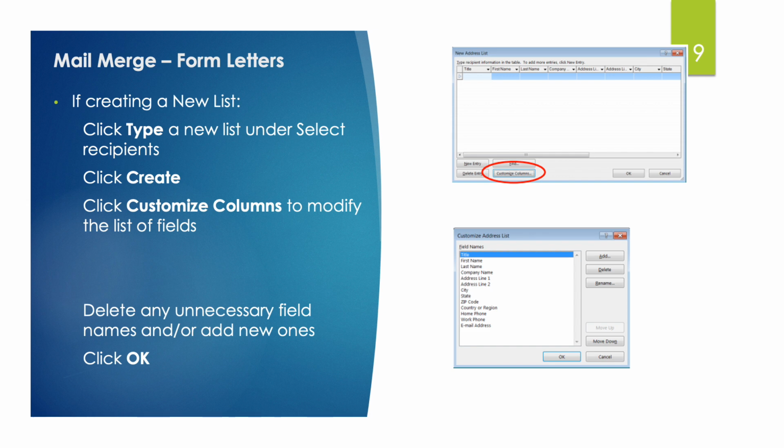So if you are creating a new list, click on Type a new list under Select recipients, and then you can click on Create. And then click Customize Columns to modify the list of fields. So there are many fields available. You can delete any unnecessary field names or you can add new ones. And then click on OK.